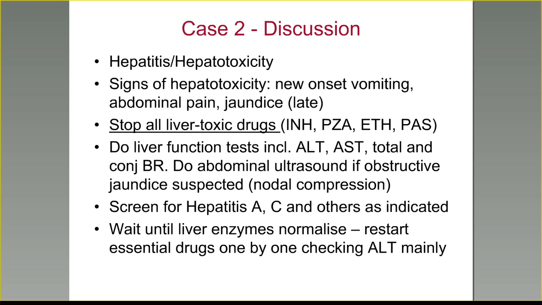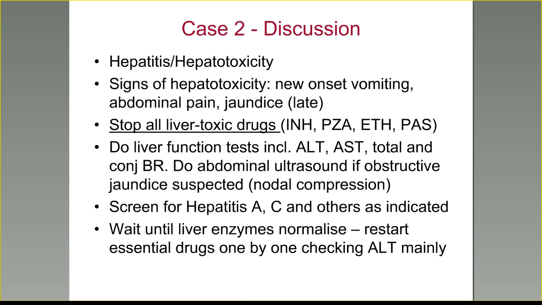But in this case, one has to stop all the hepatotoxic drugs. And the reason for that is that hepatotoxicity, if you do not, in the severe case, like in this case the child already had jaundice, if you don't stop it, the patient can actually die from acute liver failure.